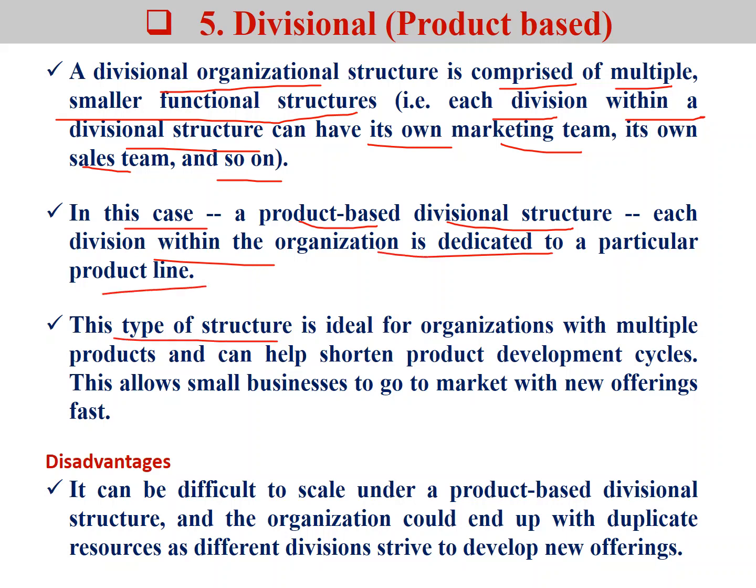This type of structure is ideal for organizations with multiple products and can help shorten product development cycles. Multiple products can be produced from this type of organizational structure. This allows a small business to go to market with new offerings very fast.